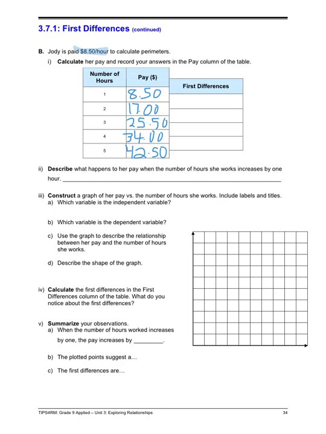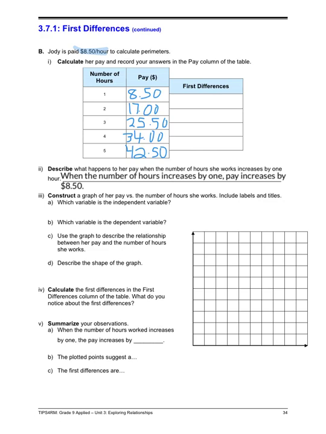We'll hold off on doing our first differences for now, and we'll complete the sheet in order. So it says for part 2 that we would describe what happens to her pay when the number of hours she works increases by 1 hour. And so we can say that when the number of hours increases by 1, pay increases by $8.50.